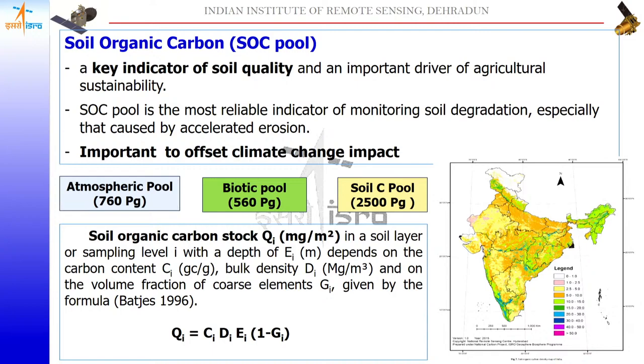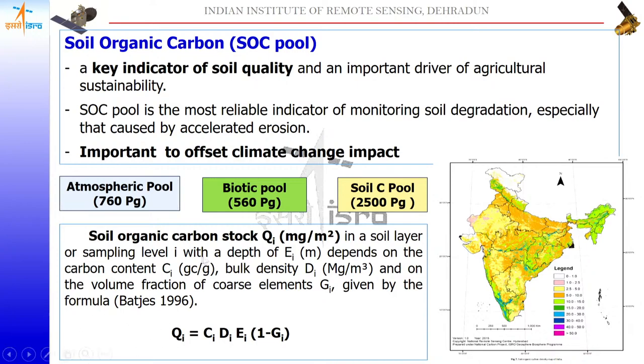And secondly, soil is a sink for carbon. It is a storehouse of carbon. If this carbon is released to the atmosphere, then the CO2 concentration in the atmosphere will increase, and that will trigger climate change and affect the warming situation.